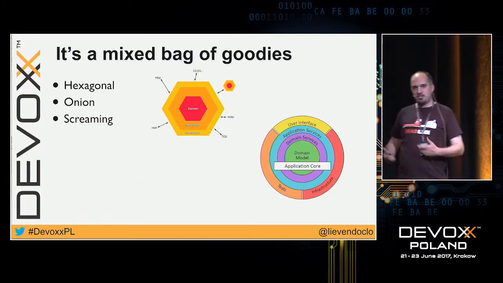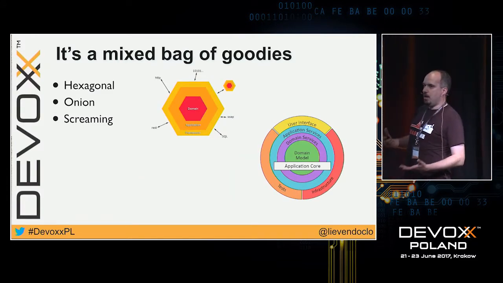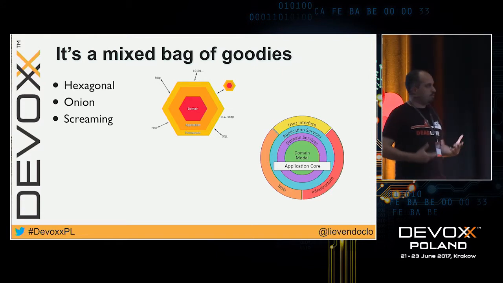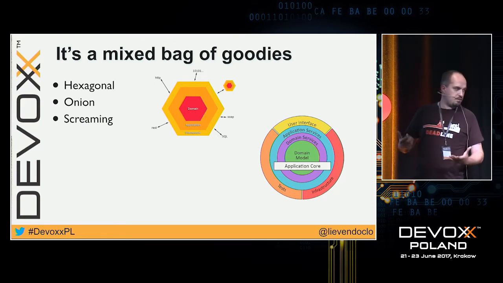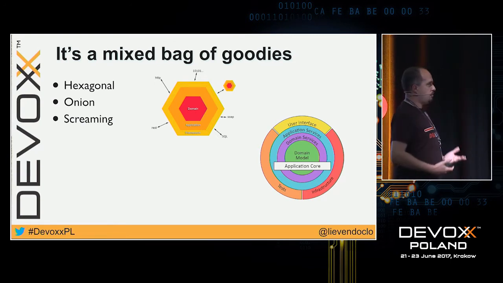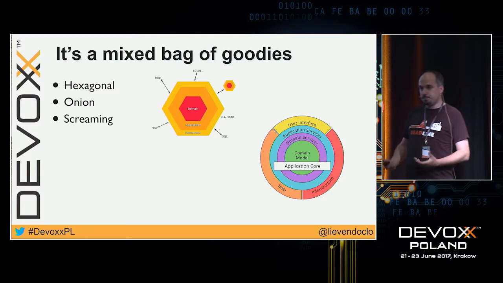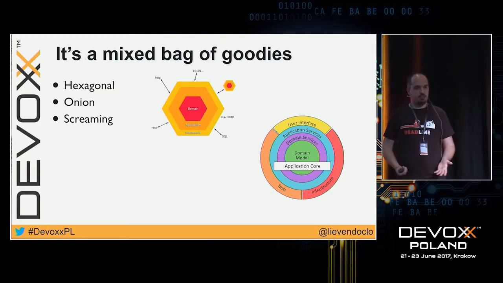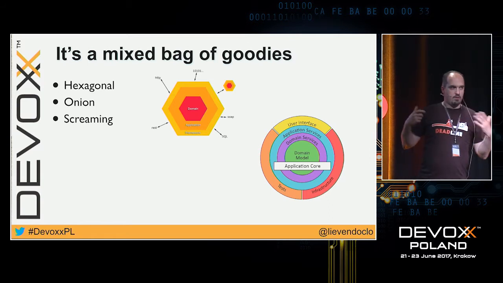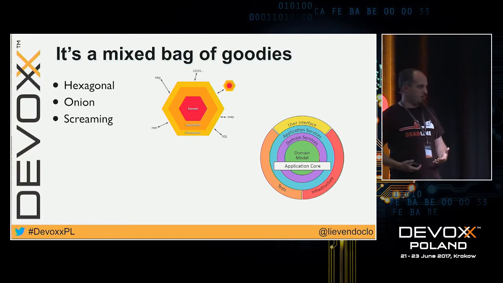So what is it? It's actually a mixed bag of goodies. There are a number of architectural styles that have been developed over the years, such as hexagonal architecture with the concept of ports and adapters. Then you also have the onion architecture, the typical layered architecture, which I'm certain most of you are working with.